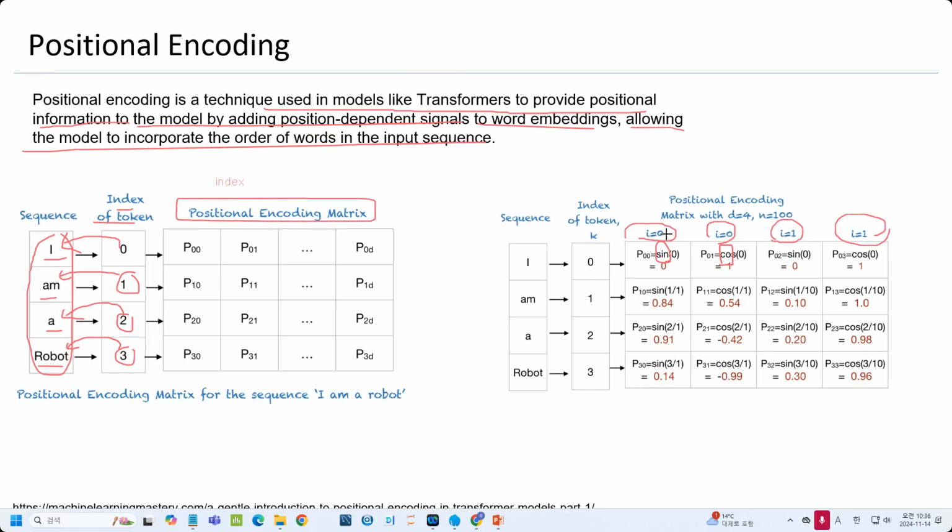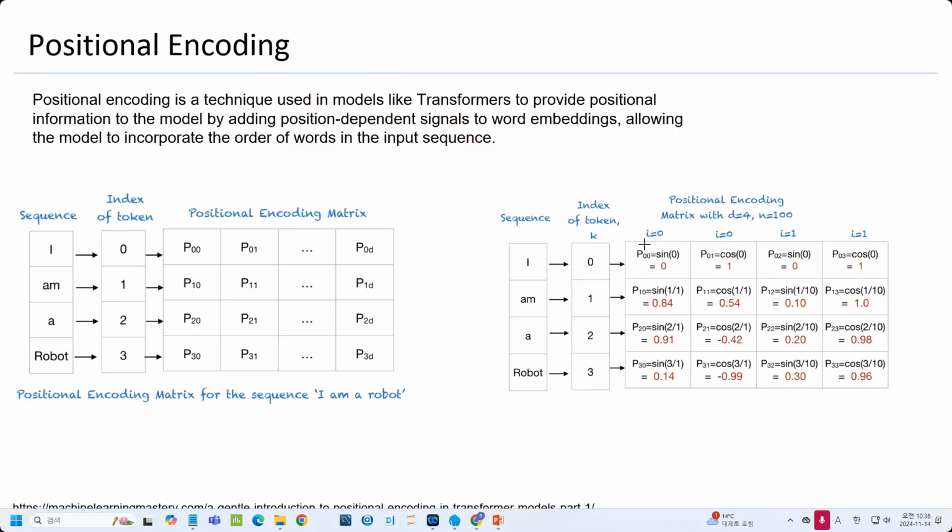For the position P00, I will use sine 0, and sine 0 is 0.